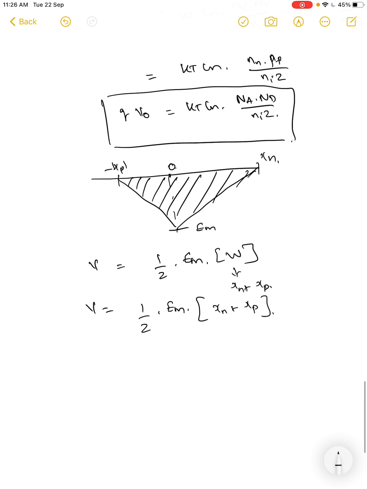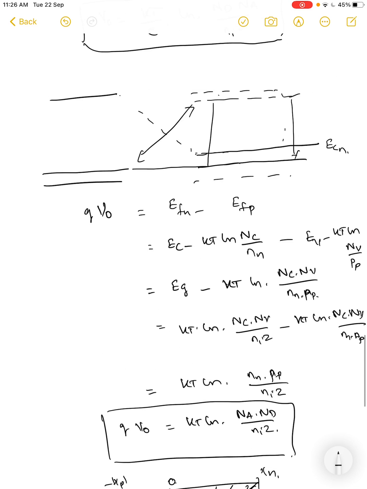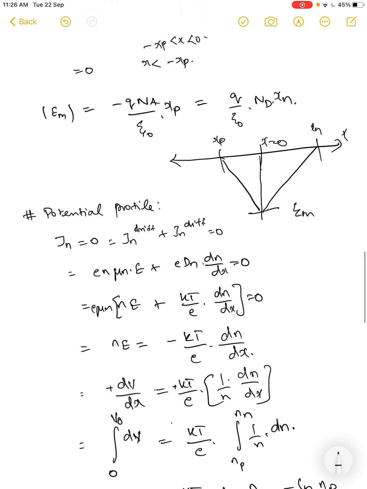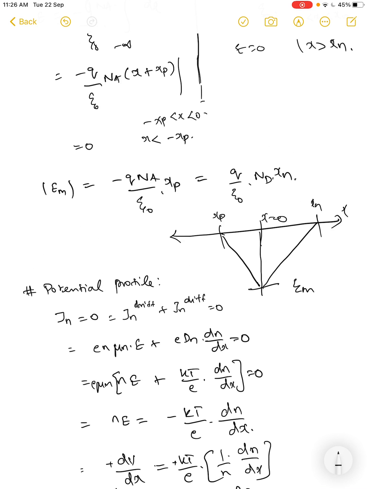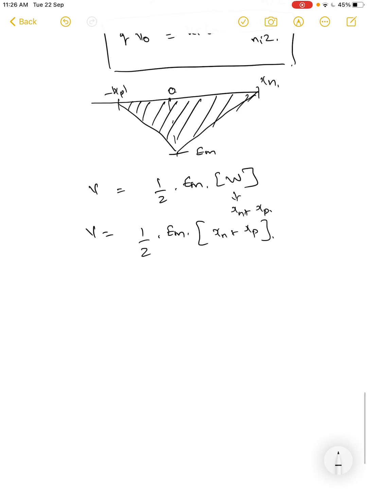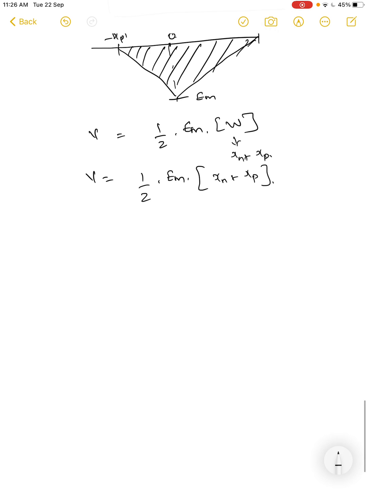And you know Xn, right, from our previous derivations. Xn is epsilon E by QND, right? So I'm going to substitute, or you know what, I'm going to leave it as an exercise for you.